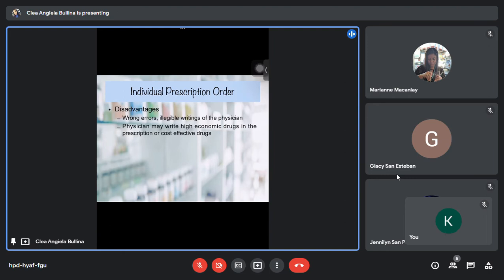What if tong dispense ni doc is high economic, so meaning taas ang demand, so most of the time siguro mawad-an og stock, so dili ni mamahatagan si patient. The tendency is mogawas si patient, adto siya sa laing drugstore. Okay, so the physician has the sole responsibility for choosing the drugs. Okay, that's for the individual prescription order.